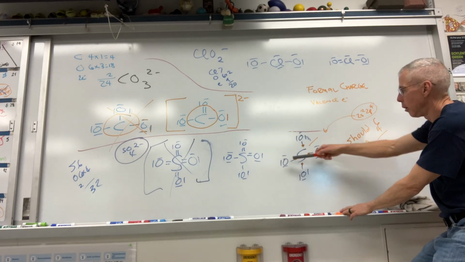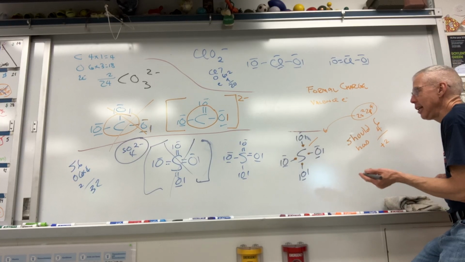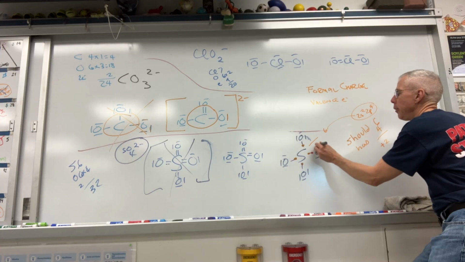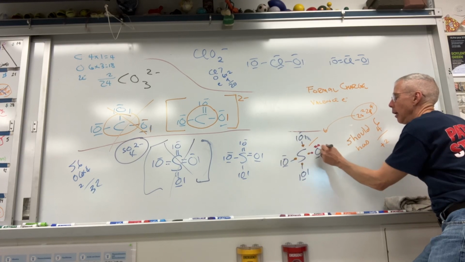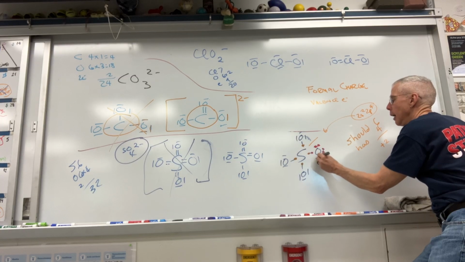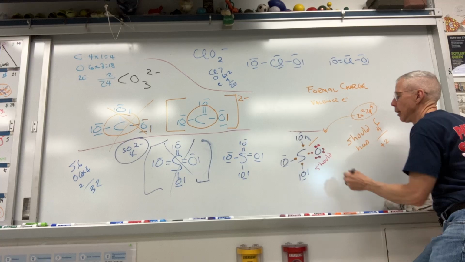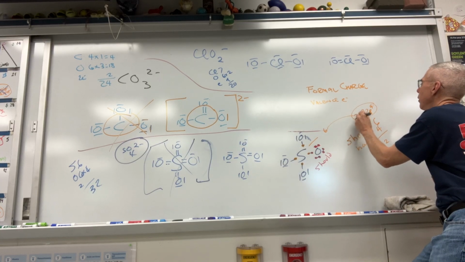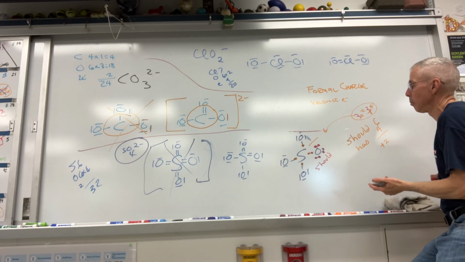So notice all 4 oxygen are done the same way. So how many does each oxygen have? Well, it's got 1. This unbonded pair is not shared, so it has both of those. And it has both of those. And it has both of those. So it should have how many? So actually sulfur's 3s2, 3p4, sorry. So how many does oxygen have? Off the periodic table, how many should it have?